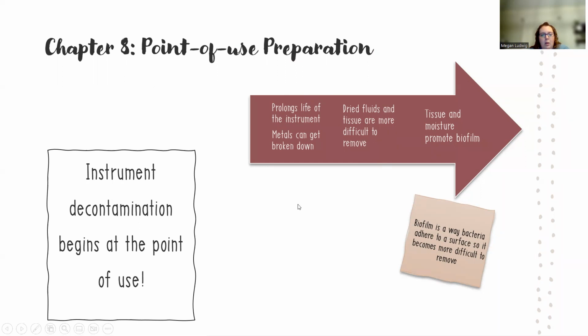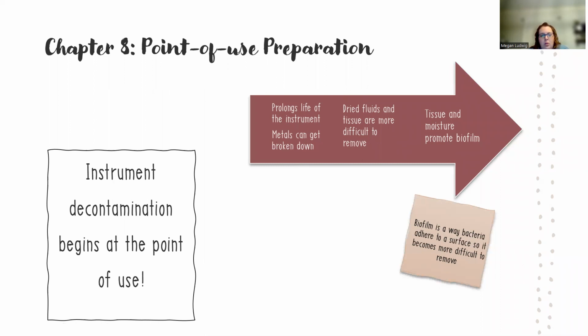Metals can get broken down if we leave that bioburden stuck on the instruments. Dried fluids and tissue are much more difficult to remove, so getting those moist with that sterile water and wiping the instruments down immediately after use will prevent that from happening. And if you leave it sit for too long, tissue and moisture promote something called biofilm.